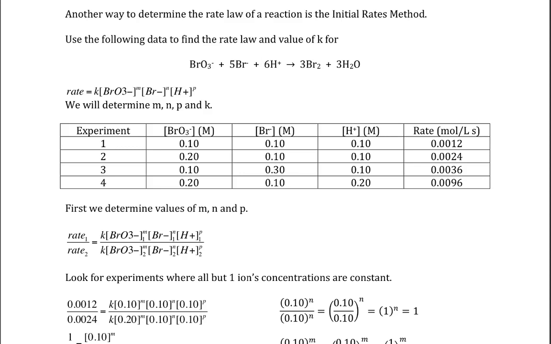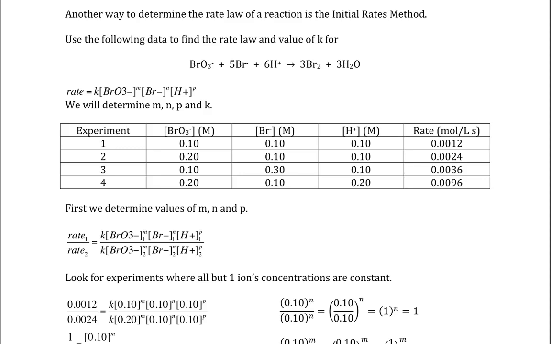So we will determine the value of the orders m, n, and p, and the value of k, the rate constant. We have the data here for 4 different experiments done using that reaction. What's different about each experiment is the concentrations of the reactants. And we are also given the rates of the reaction when those initial concentrations were first put into a reaction flask.